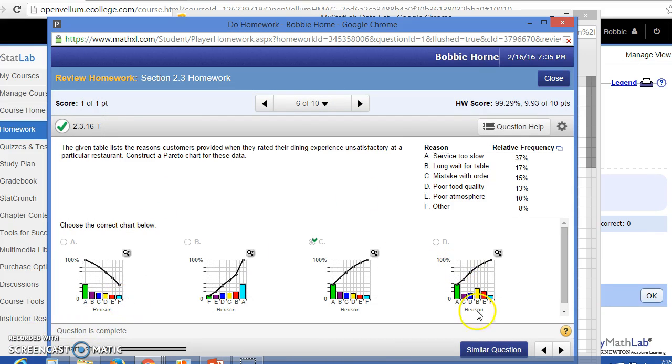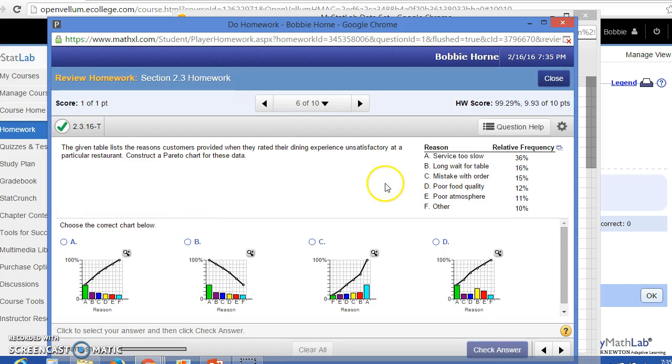Okay, on this problem, what we're looking at here is the relative frequency. And when you're using this type of chart, you want the line to continue to go up until it reaches 100%. So it has to be between A and D. And if you look at your percent of relative frequency, you want it to be for A 36%, 10, 20, 30, that looks like 36.